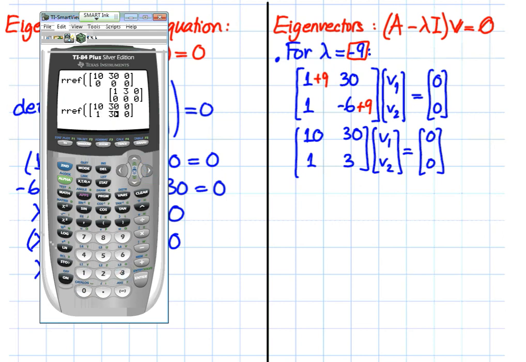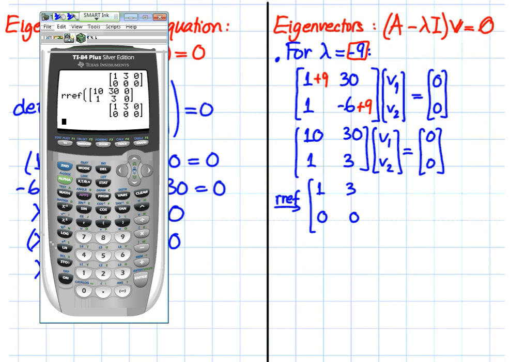Next, and then next. Right. Of course, that should be simple. So when we do the reduced row echelon form, we end up with 1, 3, 0, 0, times V1, V2, equals 0, 0.